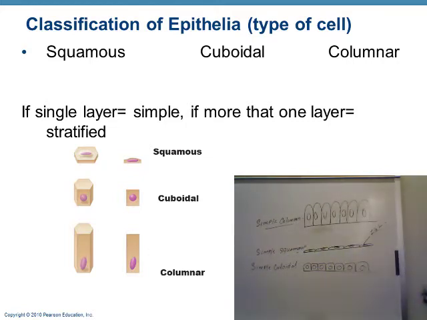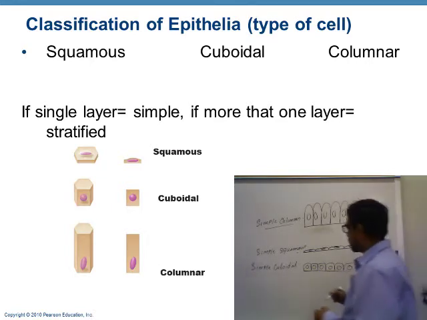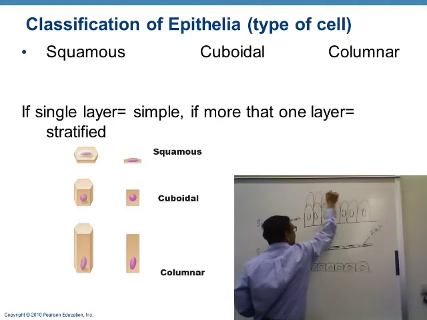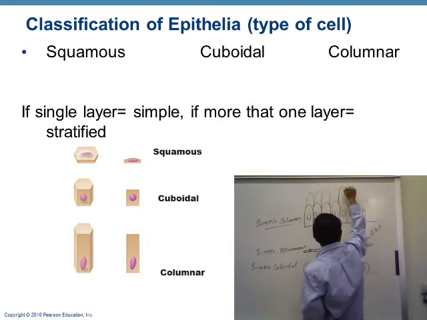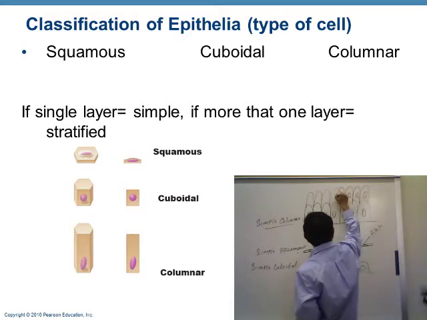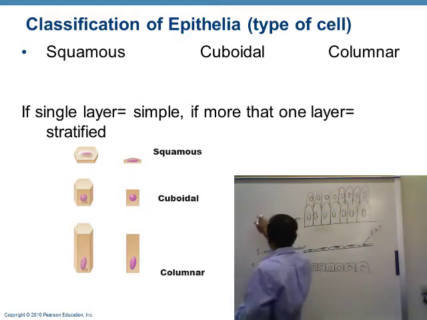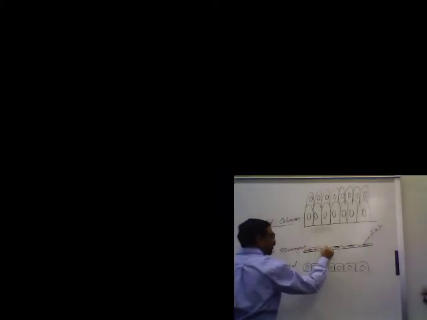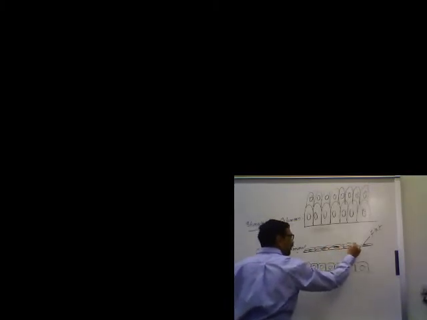Now, if you see more than one layer, that is called stratified. So now let's add more layers. So this is no more simple columnar, right? Now it is what? Stratified columnar. So this is now stratified, that means more than one layer. If I add more layers here, this is called what now?